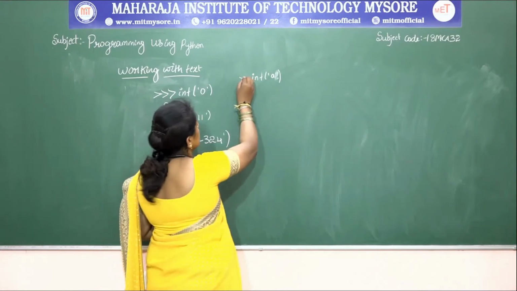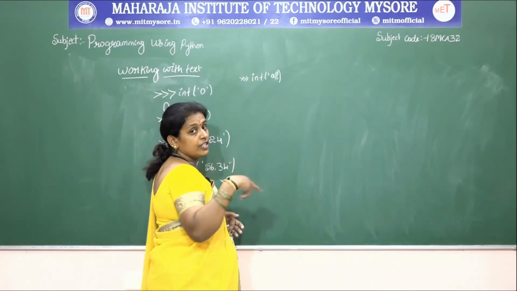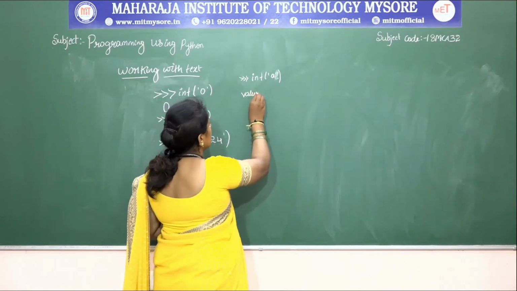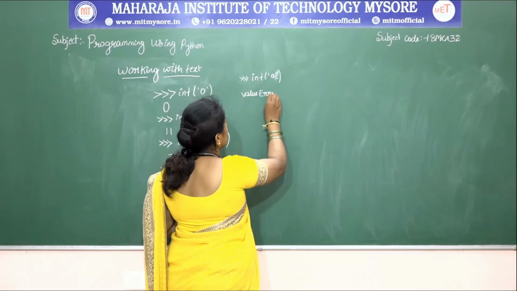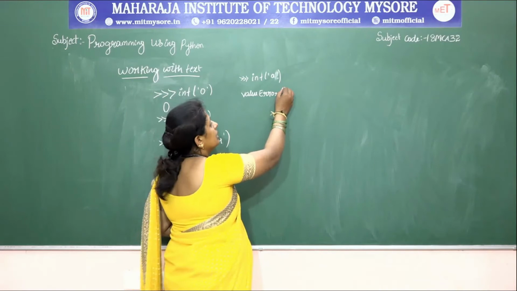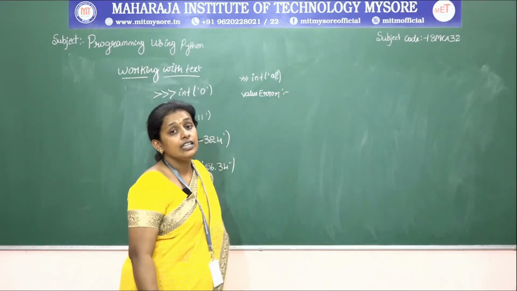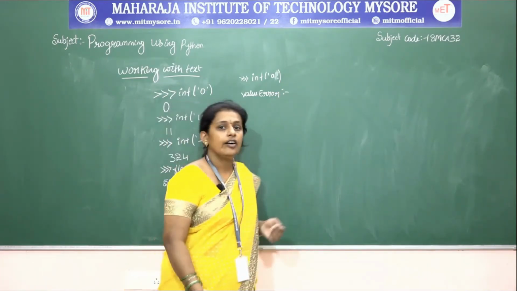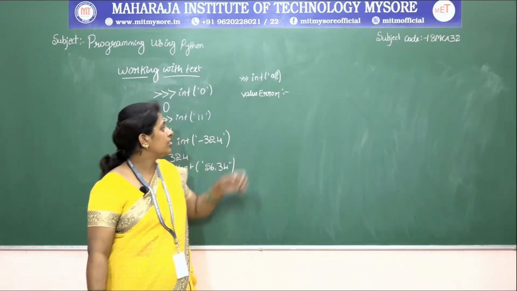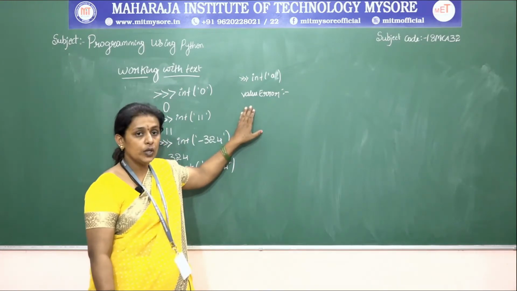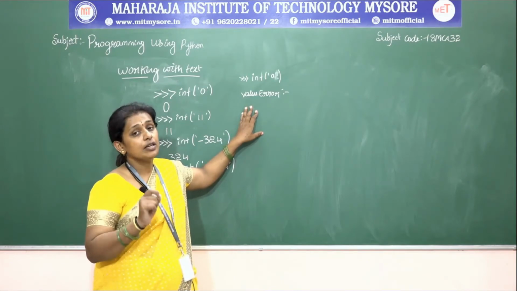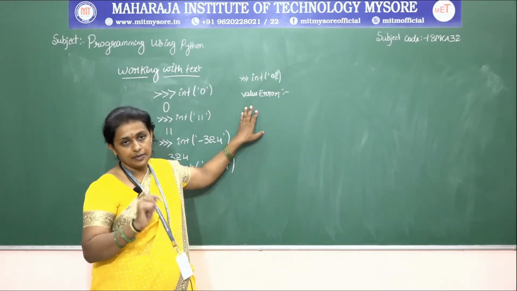I am leaving the first 2 lines and just going with the error, that is ValueError. So ValueError will be displayed, and this tells that it is an invalid literal for int with base 10.